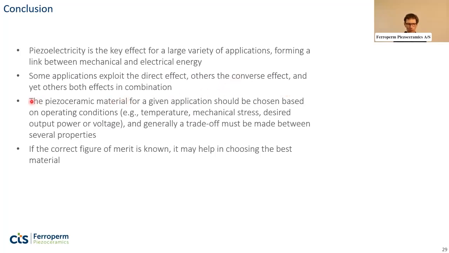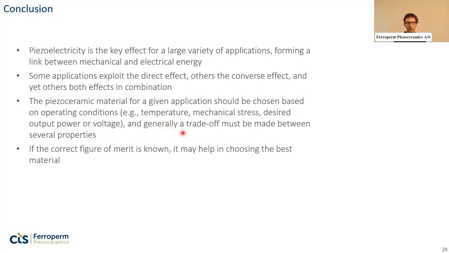You need to choose the best material for a given application, and that really depends on the operating conditions. I haven't given a lot of cases of, for example, high temperature applications, but this could be for accelerometers where you may need to operate at above 500 degrees, so then you need to find a material that will withstand such high temperatures.